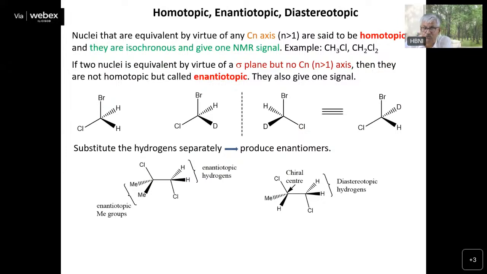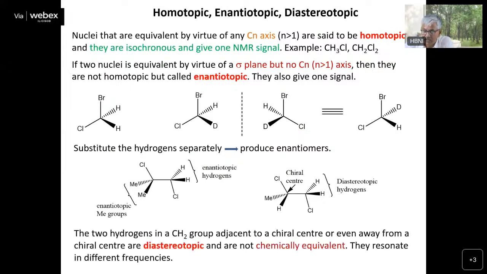Now there is another situation: when this CH2 group is attached to a carbon which is chiral, meaning all the substituents are different, then these two hydrogens are not chemically equivalent.